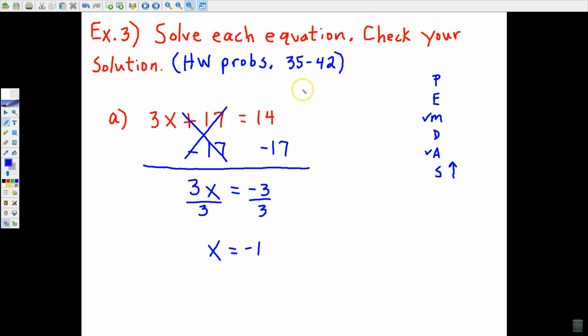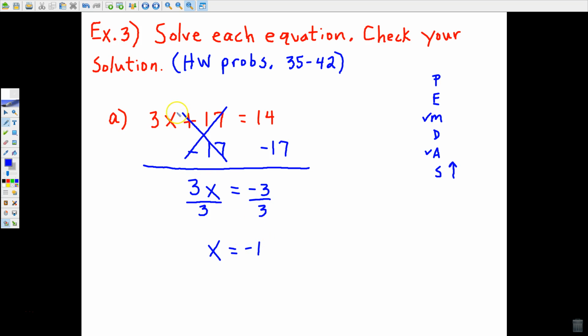So the directions are going to tell you to check your solution. Now, I'm of the opinion when you get to Algebra 2, I'm going to give you a little bit of freedom. If you check it, you're obviously going to have confidence that you're correct.